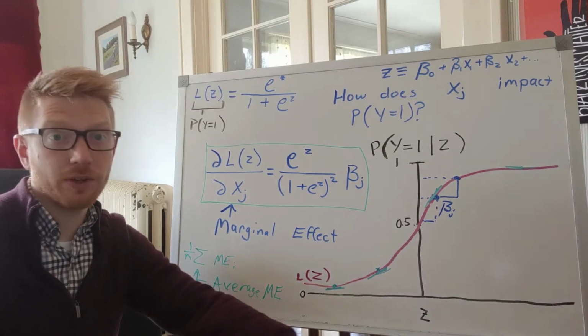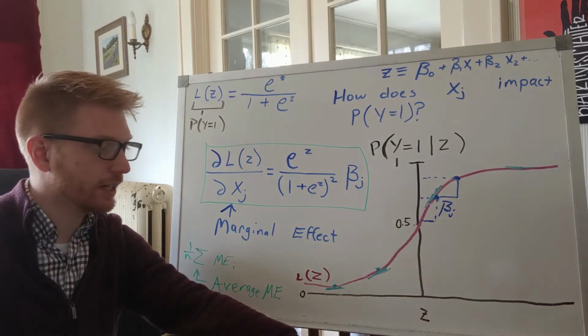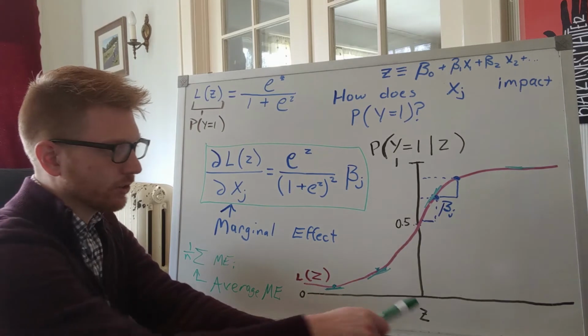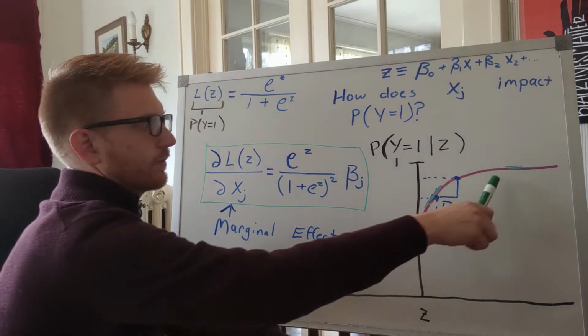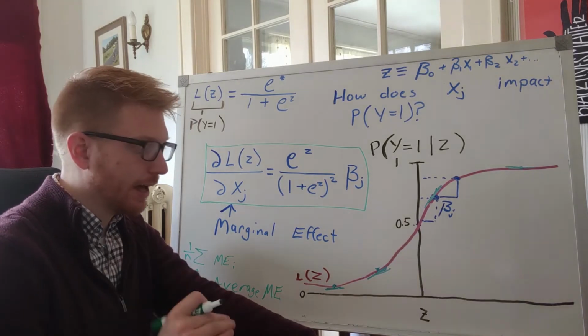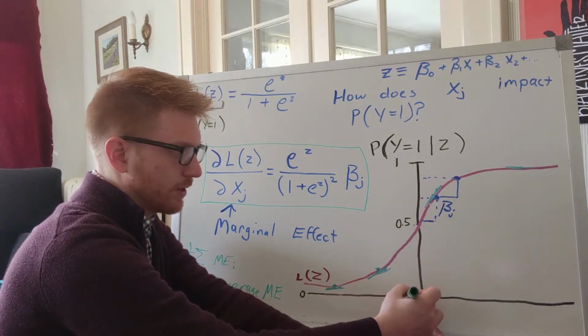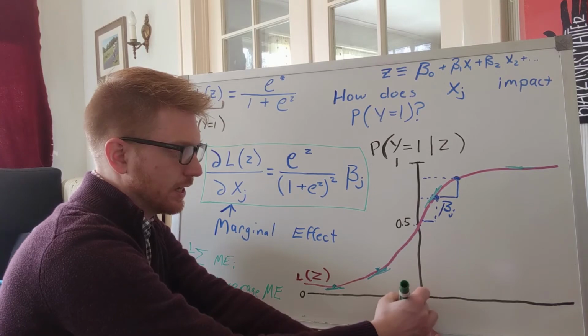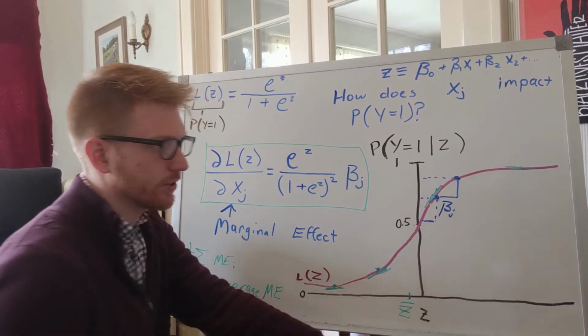The other way that we could do this, which is computationally easier, is to look at all the values of z and then to take the average value of z. Maybe it's right here. Z bar is the average.